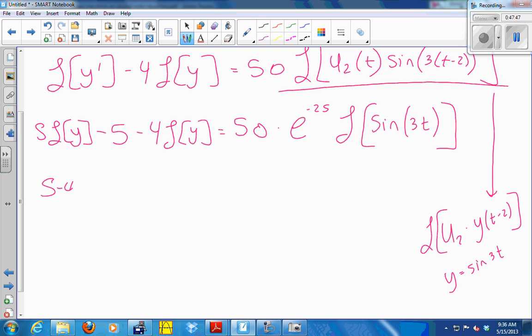So I'm going to have s minus 4 times the Laplace of y equals, I was going to move it over in this step. All right, so now I've got 50 e to the negative 2s times the Laplace of sine 3t.